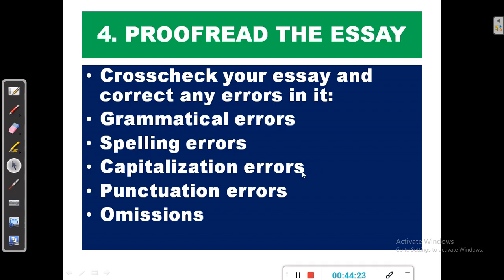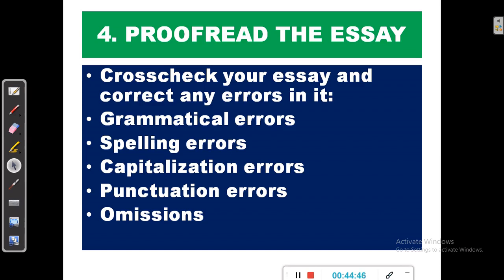Of course, there are specific words that need to be capitalized or that should start with capital letters, such as the first word in every sentence, proper nouns, names of public holidays, names of days of the week, months of the year, and so on and so forth.